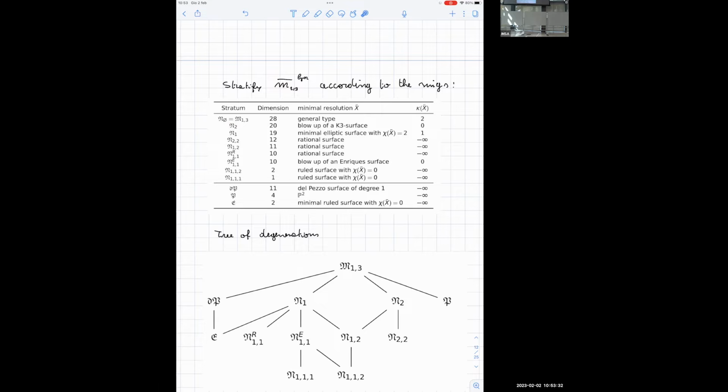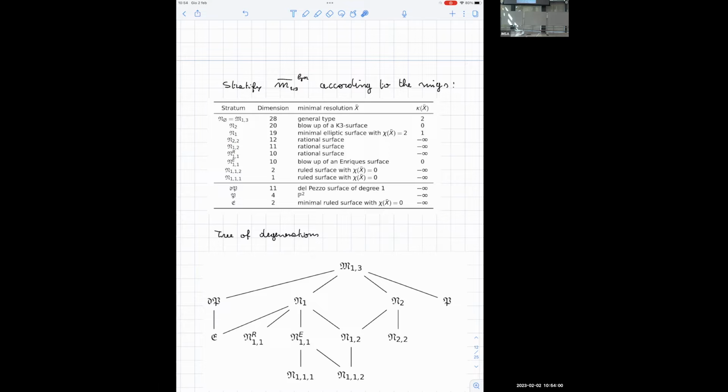In this case, we can show that you can only have degree 2 or degree 1. So N2 means normal with a degree 2 elliptic singularity, and N1 is normal with a degree 1. And then, of course, you have combinations like N1,2, for instance, which means a normal surface with one degree 1 elliptic singularity and one of degree 2, and so on.